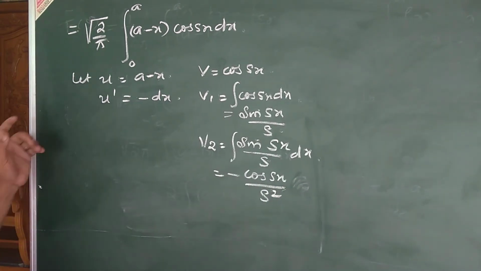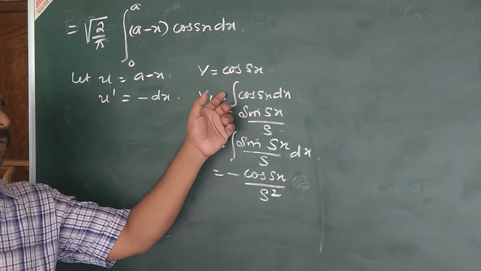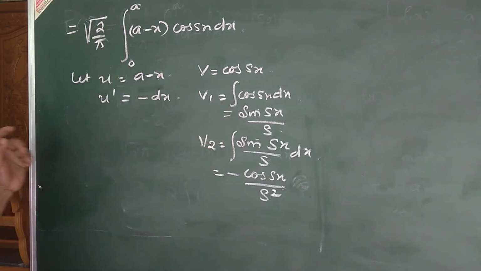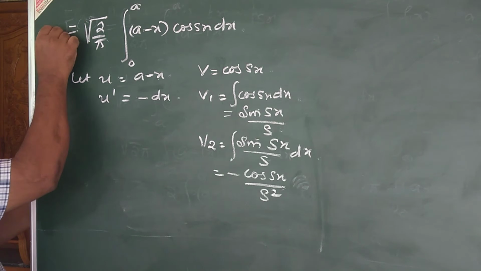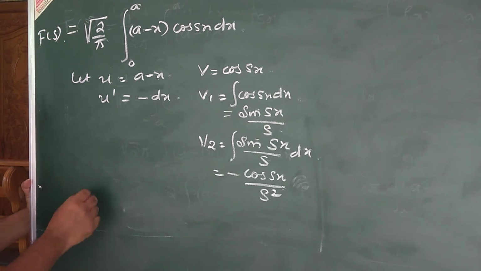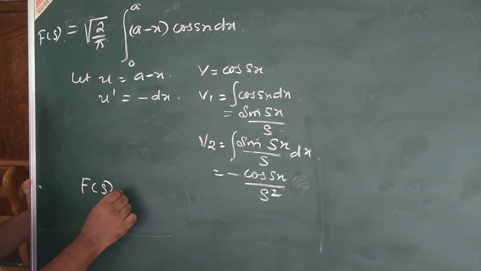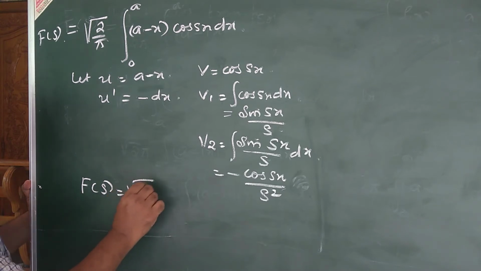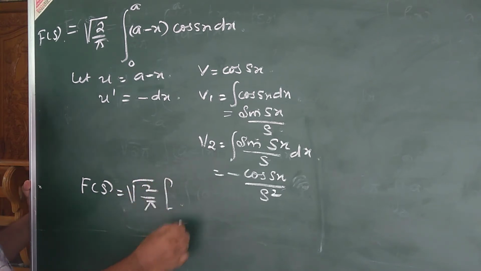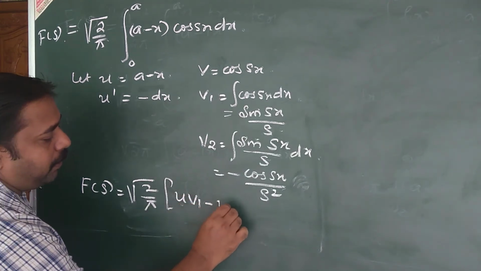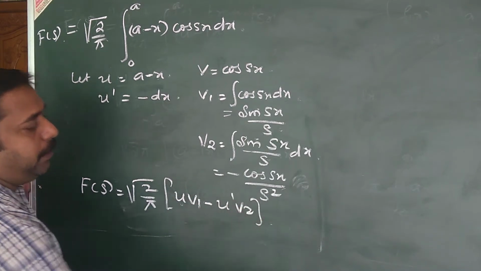So now we get u dash, v1, v2. This is the value for f of s. Therefore f of s is equal to root of 2 by pi. Apply the formula. What is the formula? u v1 minus u dash v2.